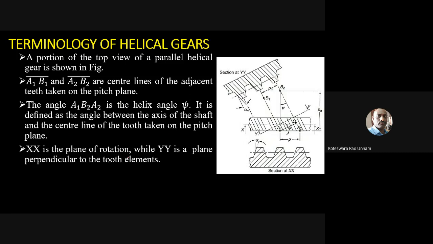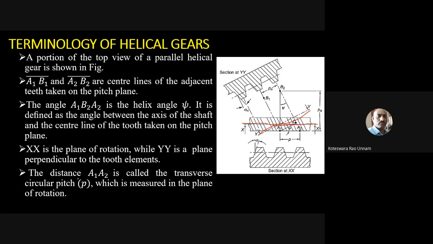The x-axis is the plane of rotation, while y is the plane perpendicular to the tooth elements. So here, this y and this x-axis, you consider two sections. So x-axis is in the plane of the rotation, whereas y is perpendicular to these tooth elements.